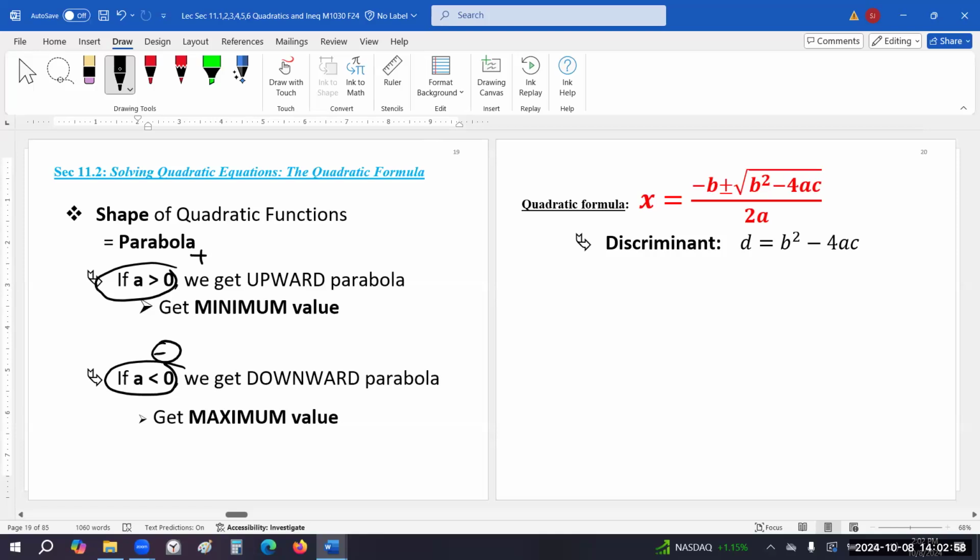Let's say we have a discriminant that is positive. So we have x equals negative b plus minus square root of discriminant over 2a. So how many solutions do we have now?